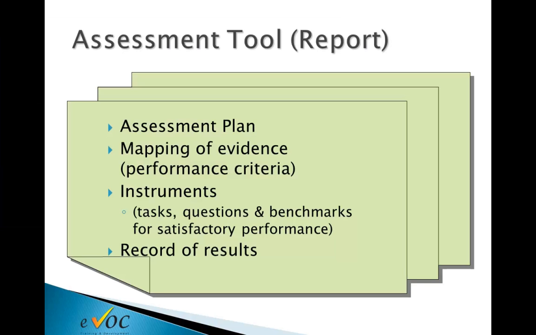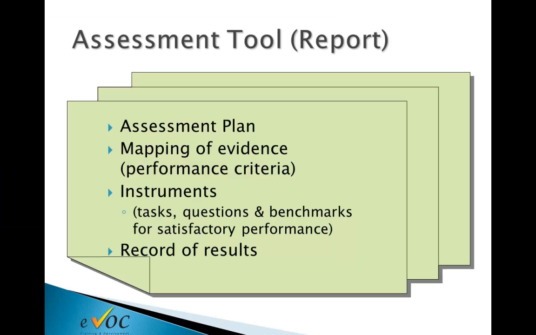So the instruments are used there to determine whether a candidate is working at a satisfactory or an unsatisfactory level, and they will usually contain some sort of assessor guideline or benchmarks themselves to help an assessor determine if a satisfactory performance has occurred.